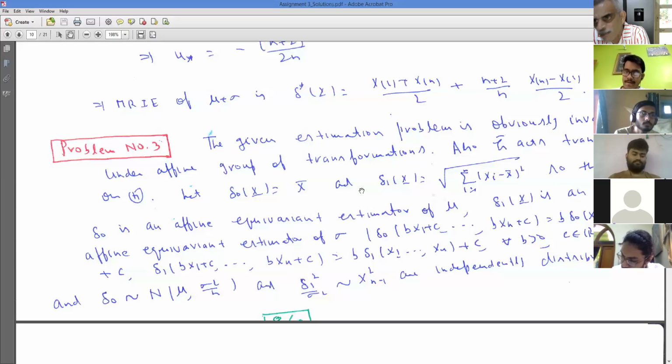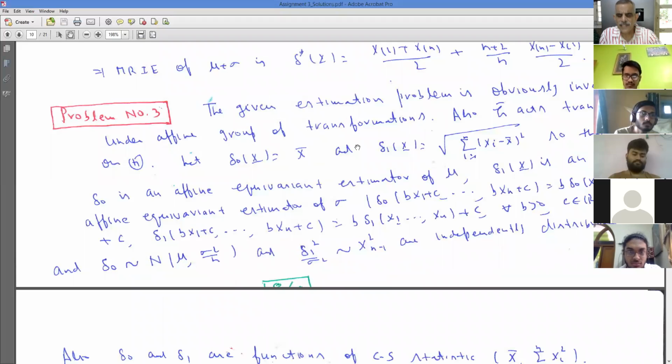That means sigma has become B sigma. So sigma to power R has become B to power R into sigma to power R. But sigma to power R was my original estimate, so that means it would have been the original Xn. So now my transformed Xn should be B to power R A. So G bar BC A should be B to power R A. It should not depend on C. That is what it is. So everywhere it is straightforward, right?